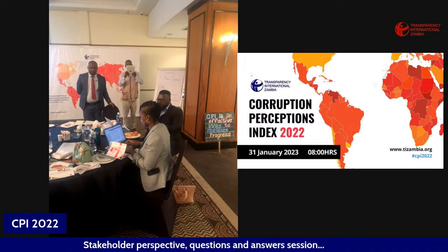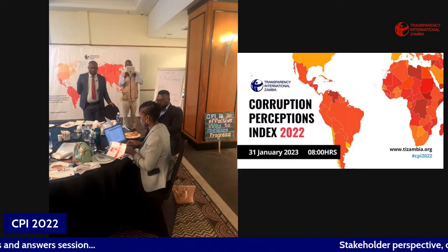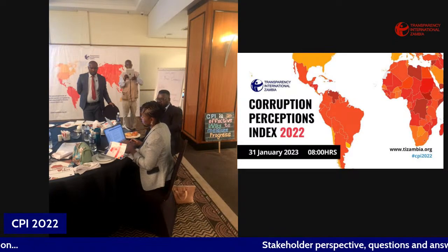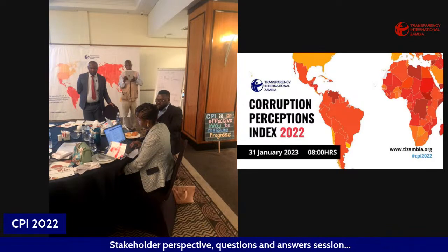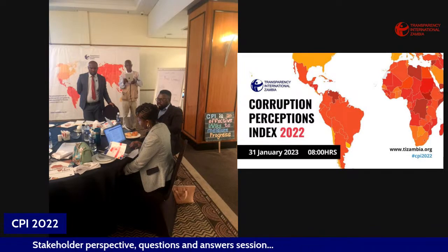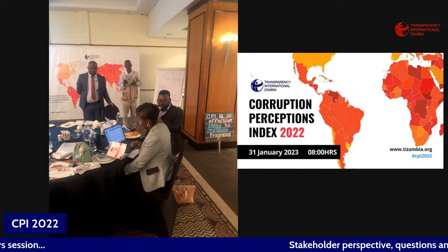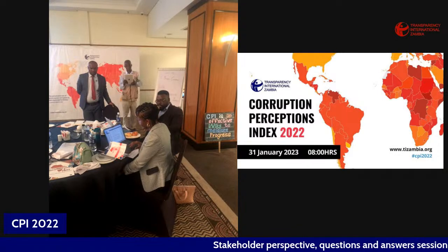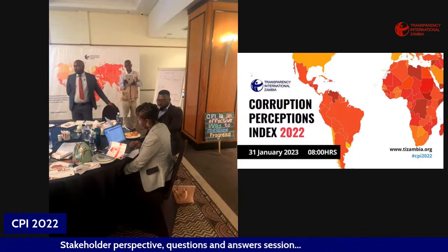And when it comes to public perception, all of these studies are not measuring public perception. Public perception runs in the media, it runs in social media. So public perception may be different, it may be about the way a specific institution manages its communication, and that may be where the public perception is coming from. Our studies look at expert perception and experiential, actual household level experience of corruption.